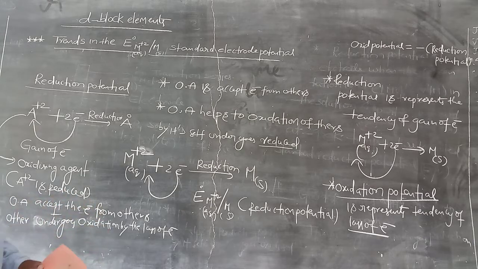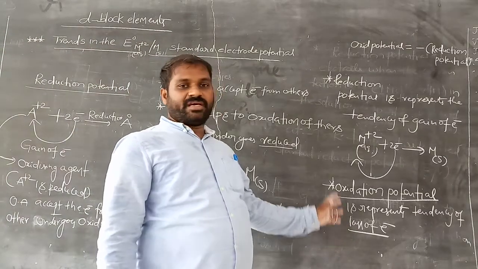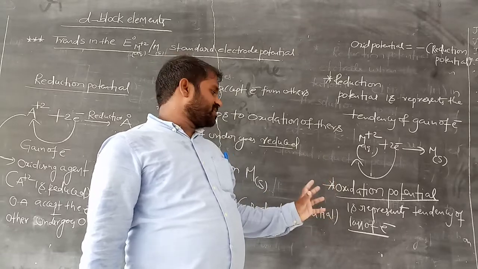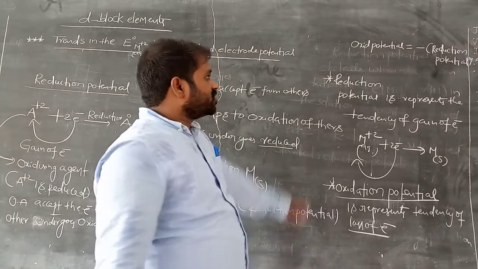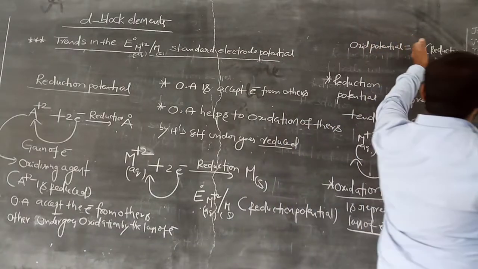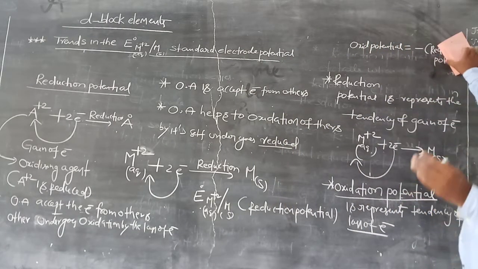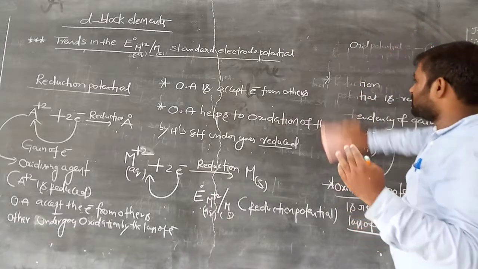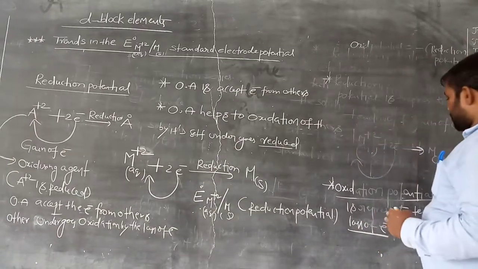If loss of electrons takes place, that is called oxidation. At that particular time, the potential developed at standard condition is called standard oxidation potential. So oxidation potential equals minus reduction potential. Remember this. Potential means it is the difference between charges of electrode and solution. Remember that.